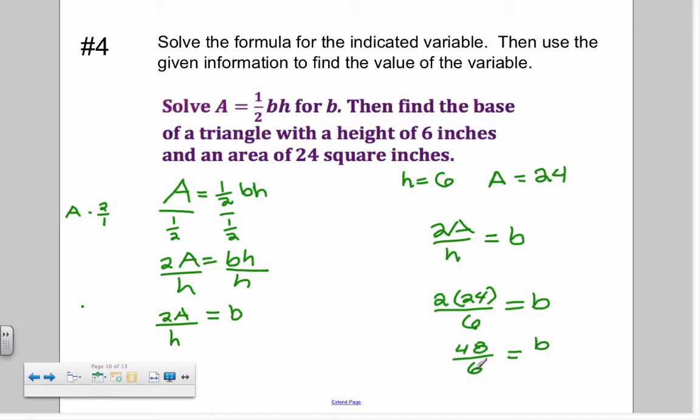Okay, and if I need to divide 48 by 6, then I would get 8.